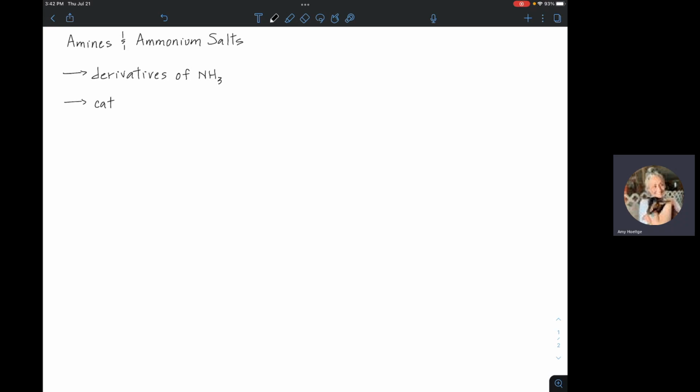They're categorized by the number of alkyl groups that are bonded to the nitrogen.